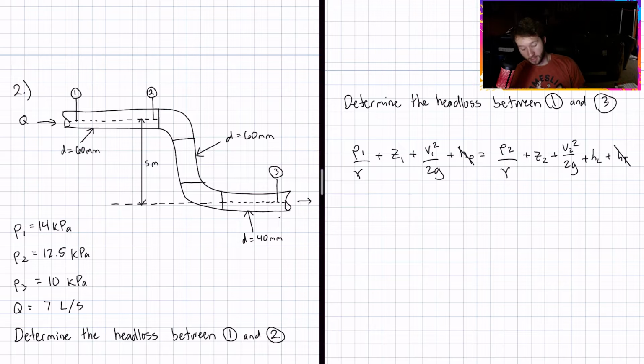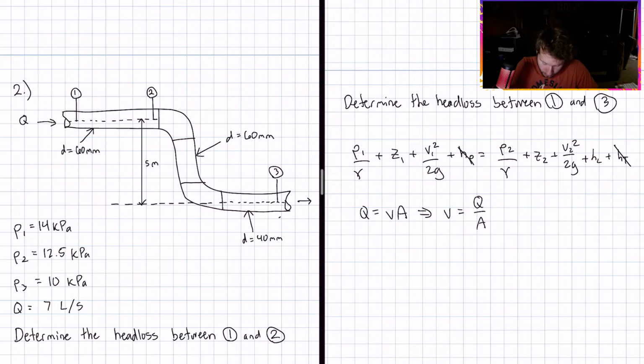First step here is we don't know the velocity, but we do have the flow rate. So let's use our continuity equation, Q equals V times A, to find our velocity at point 1. Q equals VA can change to V equals Q over A. We're given an elevation change of 5 meters, so let's convert everything into meters.